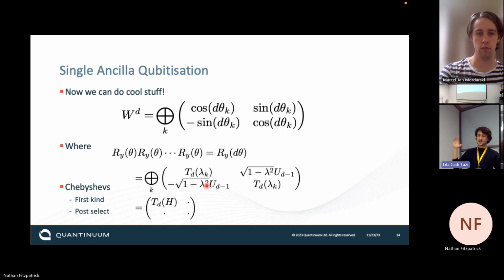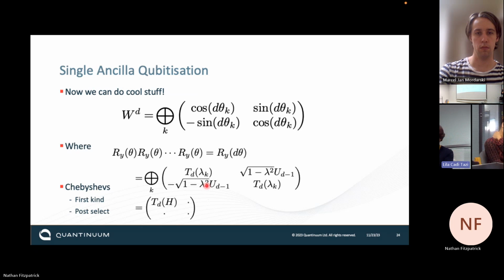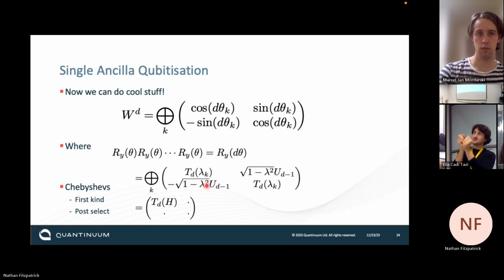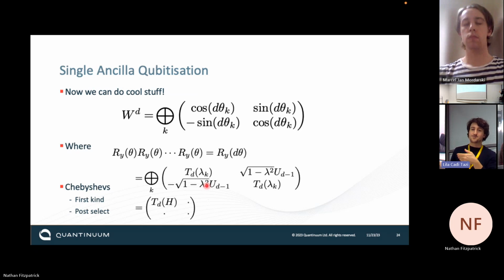So we've got the eigenspec. We're acting on the eigenbasis. We've formed this 2x2 qubitised space on the eigenvectors. We apply that over the whole eigenspace with this direct sum, the orthogonality, and then now we have the first application of a matrix polynomial.